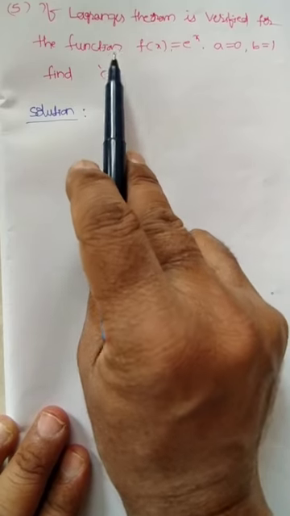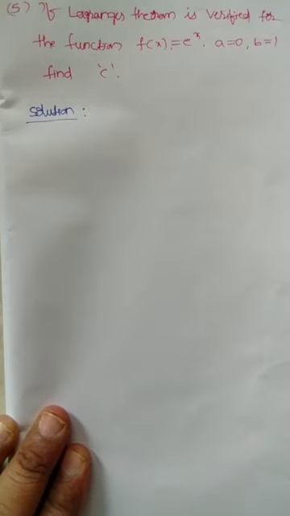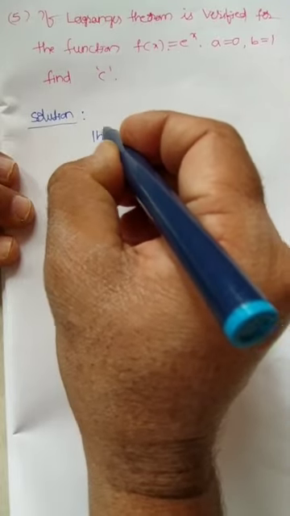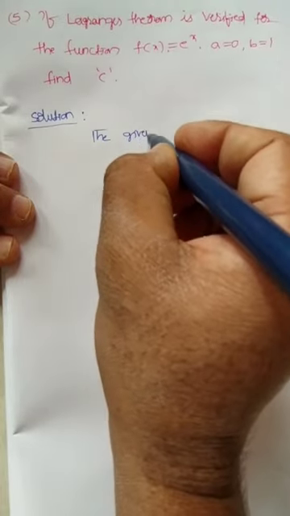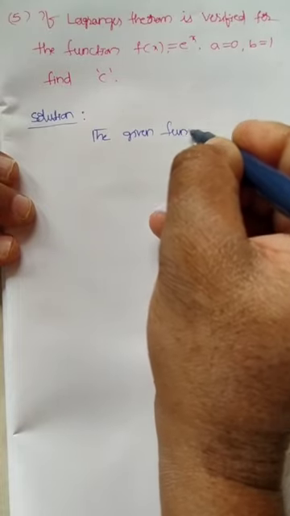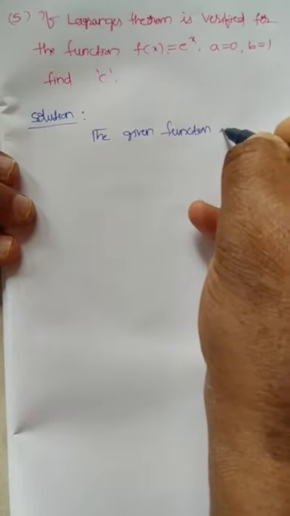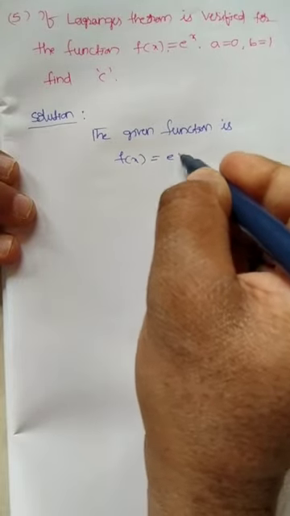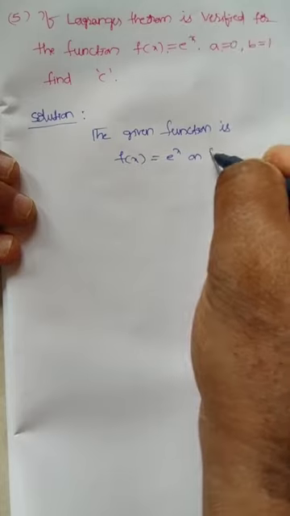We need to find the point c. In the solution, the given function is f of x is equal to e power x on closed interval 0 comma 1.